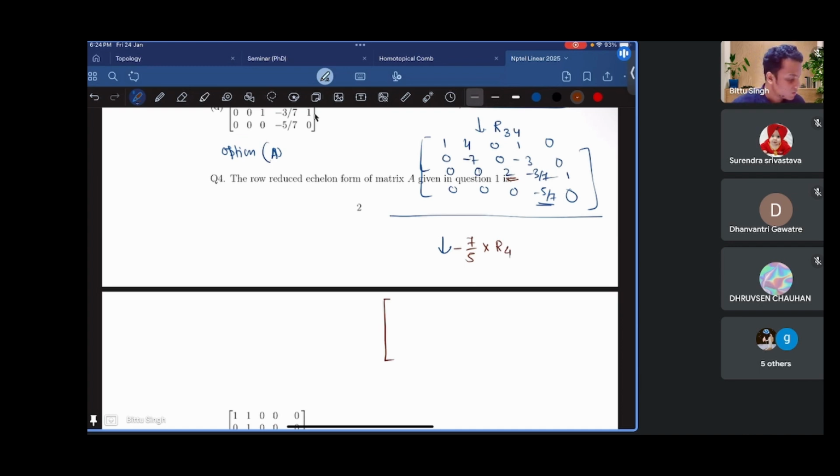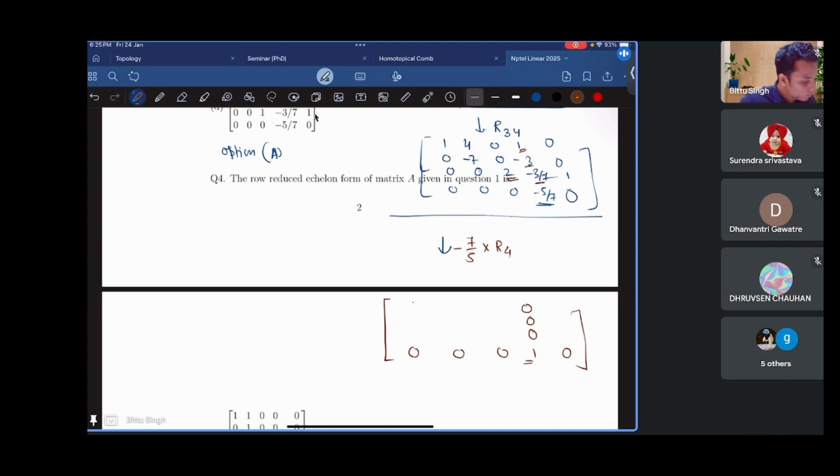If we do this operation, then the last row will be 0 0 0 1 0. Now if we multiply with some number and we just add or subtract with above rows, then we can easily make the above element vanish, right?